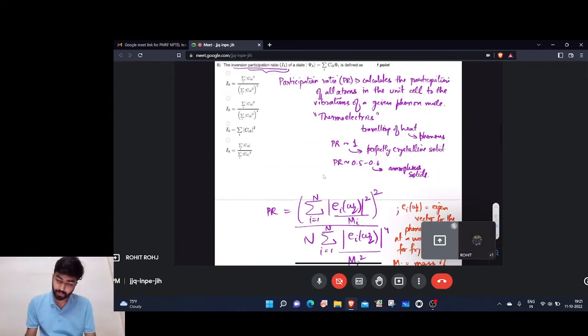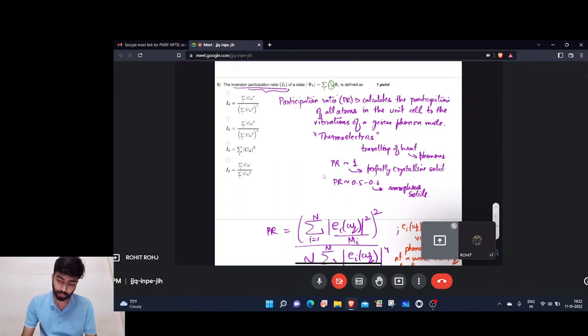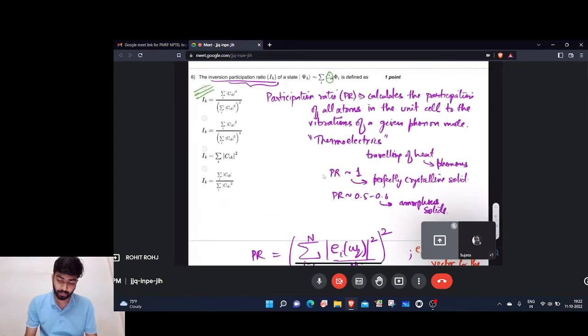So the correct option, oh sorry, wait a second. The fourth power is in the numerator. So the correct option for the inverse participation ratio would be A. Yeah, so it will be 4 powers in the numerator and square of square in the denominator.